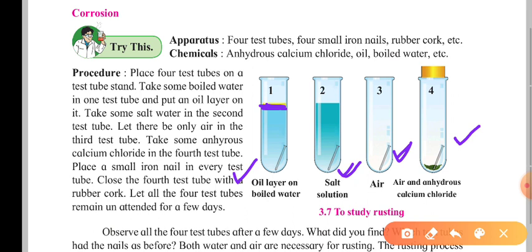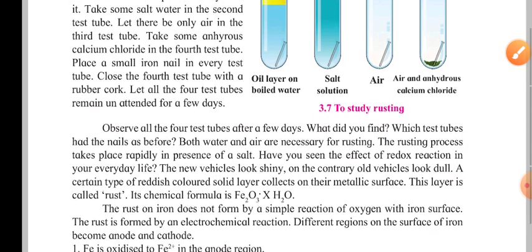Anhydrous calcium chloride means the water molecule is not there, and it absorbs water from the air and reduces the amount of oxygen present in the air inside the test tube, and due to that the oxidation of iron is not possible.